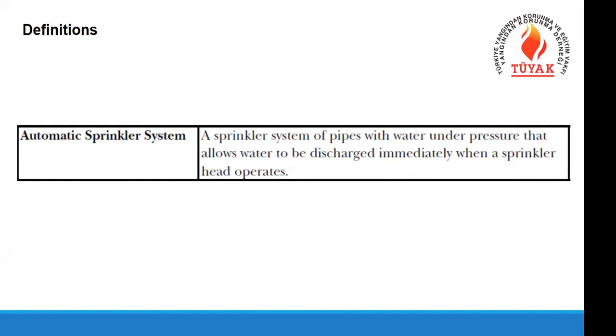So we explained the automatic sprinkler, and when the automatic sprinkler activates and operates, there should be a complete system with pipes and water under pressure behind it to work as an automatic sprinkler system. This is a system definition.